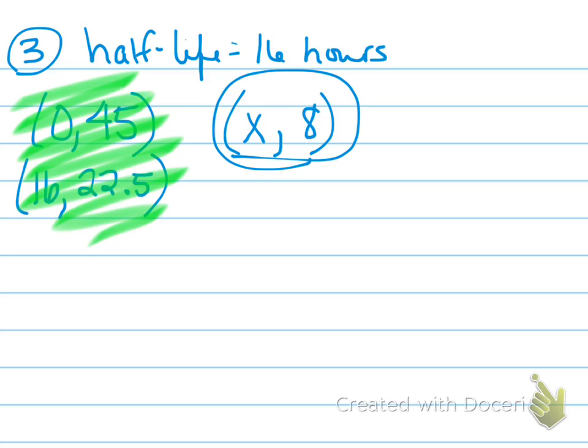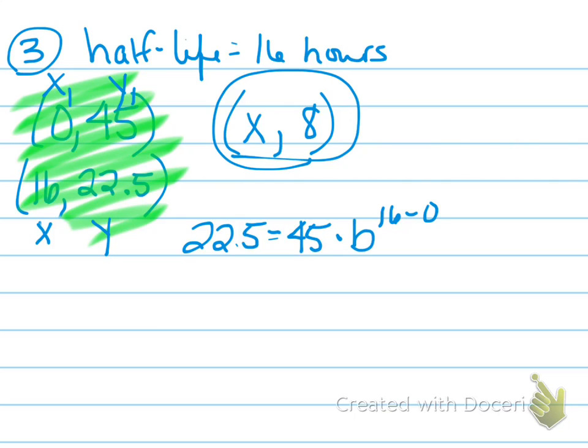So point ratio form. Here's x1, y1, here's x, y. Doesn't matter, but the way I have it in my notes, I have it this way. So I have all the math worked out already. So here I would have 22.5 equals 45 times, I don't know what b is, to the 16 minus 0 power.